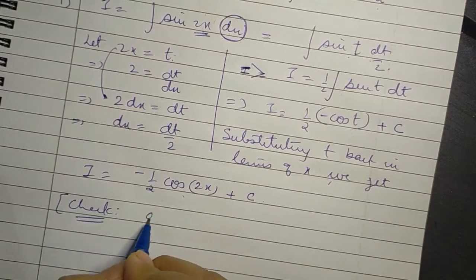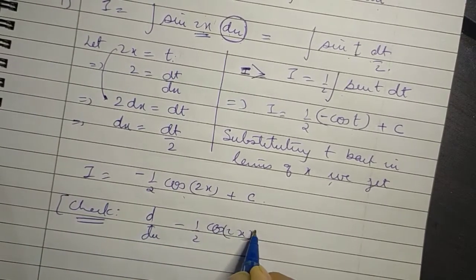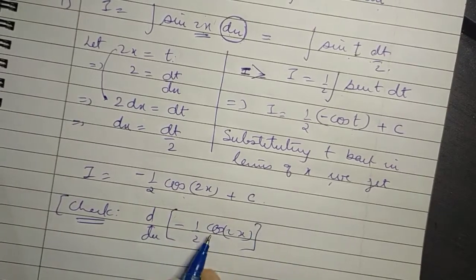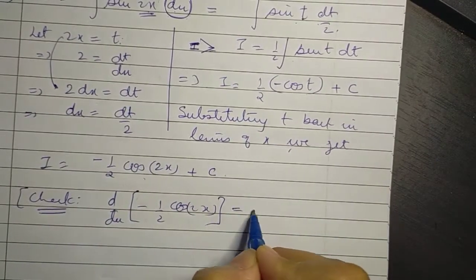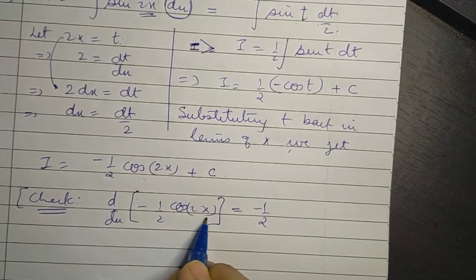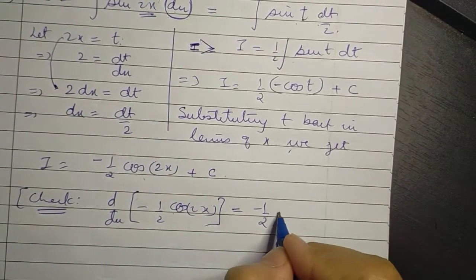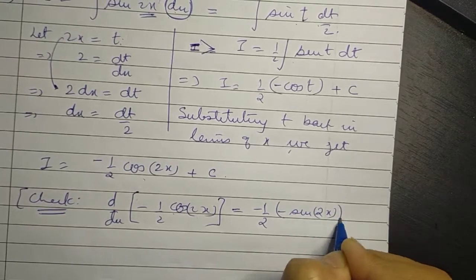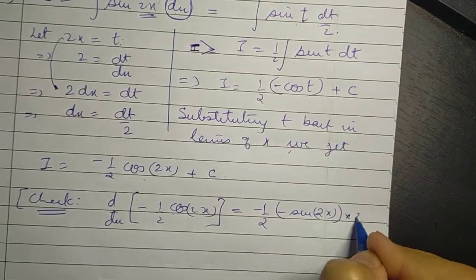So you find the derivative of minus half cos 2x. Here we are just verifying whether we have done the process correctly or not. So what do we get? Minus half is as it is. Here we apply the chain rule. First of all, the derivative of cos is minus sine, and 2x gets carried down as it is, into the derivative of 2x, which is 2.